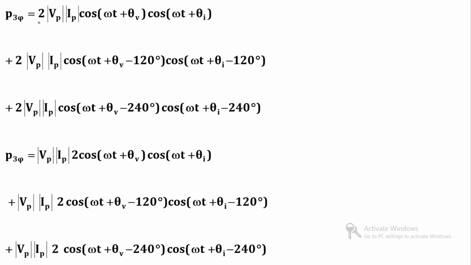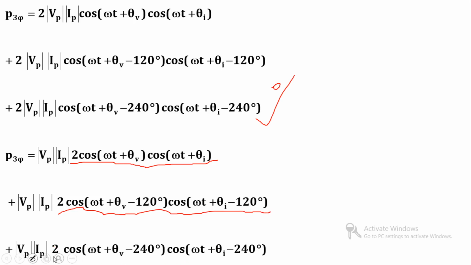So now I will simply change the writing pattern of this equation. I will write 2 with cosine angle. So mod Vp Ip, 2 cos(omega t plus theta v) into cos(omega t plus theta I). Similarly, I will shift 2 with cosine angle: 2 cos(omega t plus theta v minus 120 degree) into cos(omega t plus theta I minus 120 degree).